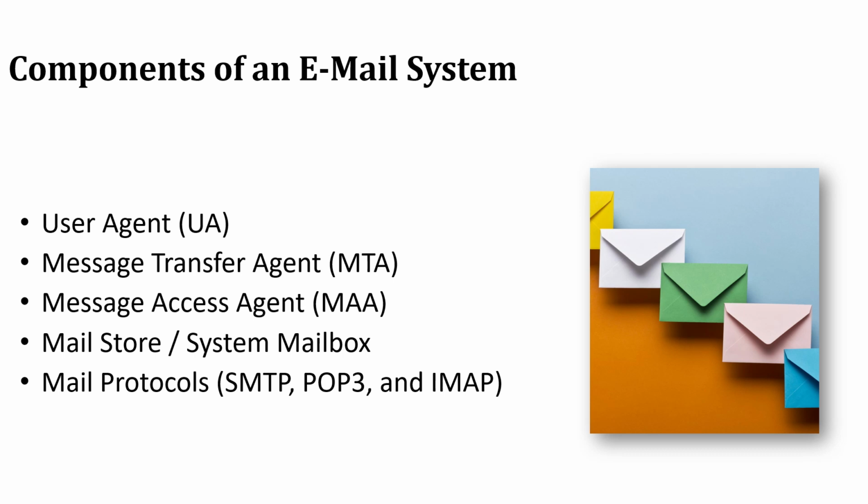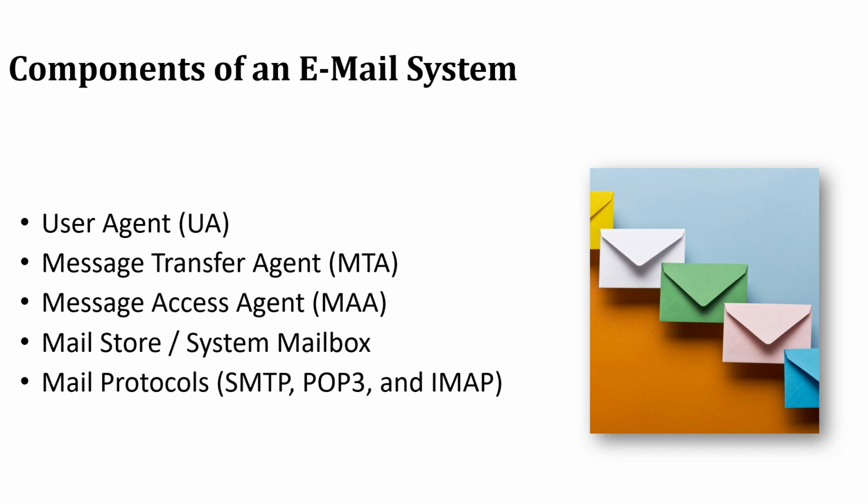It handles email addresses, mailing lists, and message organization. Message transfer agent is responsible for moving messages from the sender's mail server to the receiver's mail server. It operates using a push mechanism, transferring messages whenever they are ready.